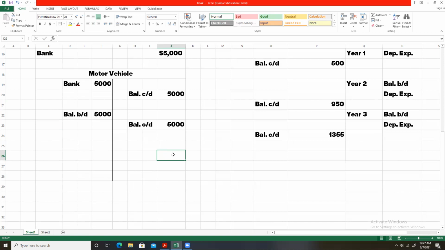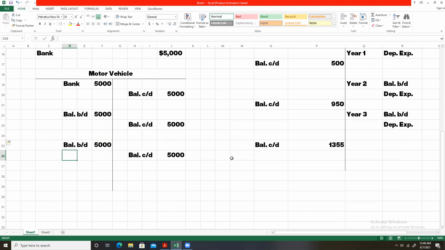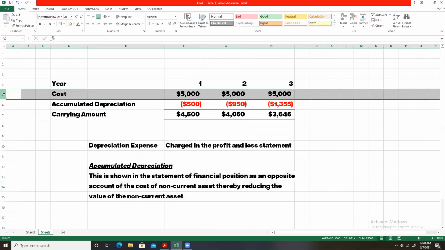But if there is no addition and no disposal of non-current asset, then the balance on this account will definitely remain the same. So there is no change in the cost account of the non-current asset.